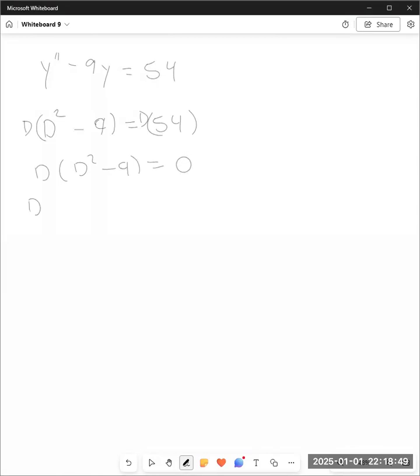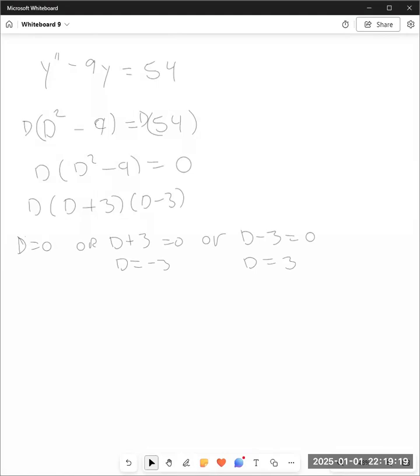So that gives me an equation on the left-hand side that factors into D plus 3, D minus 3. And I get D equals 0, or D plus 3 equals 0, or D minus 3 equals 0. So D equals 0, or D equals -3, or D equals 3.